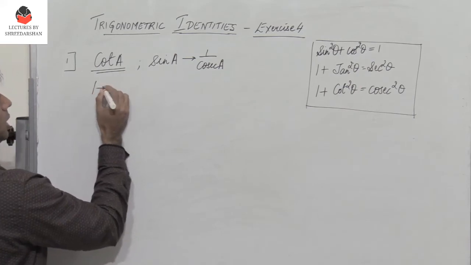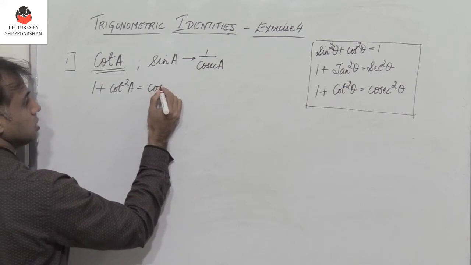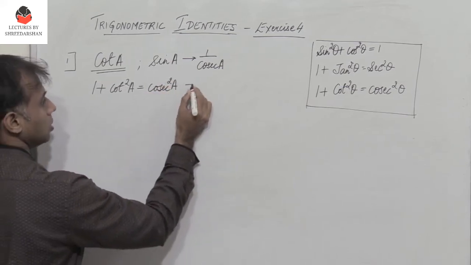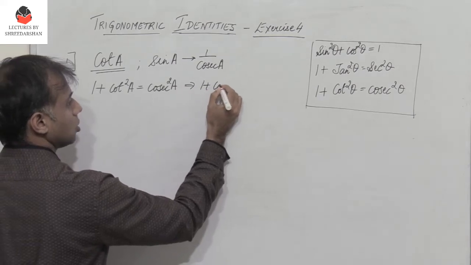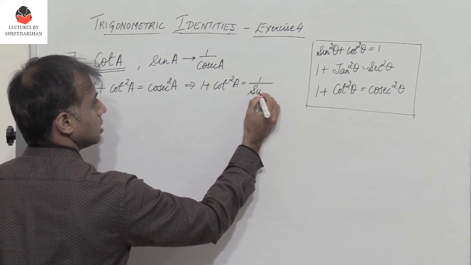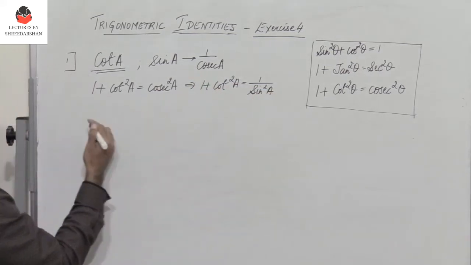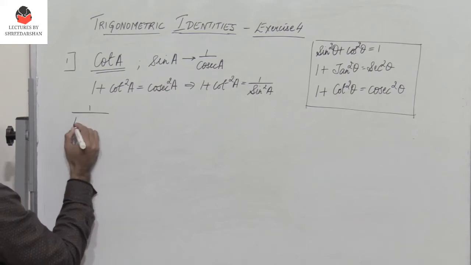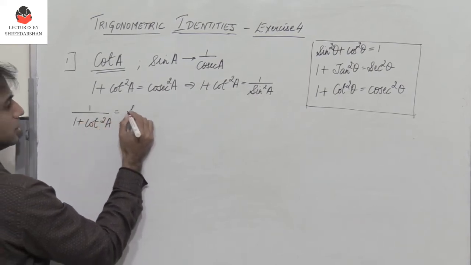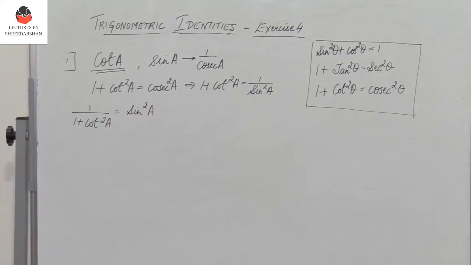So I have 1 plus cot square A equals cosecant square A. Or this is 1 plus cot square A equals 1 by sine square A, isn't it? Okay, so now let me take the reciprocal on both the sides. 1 by 1 plus cot square A equals sine square A. So what is sine A?